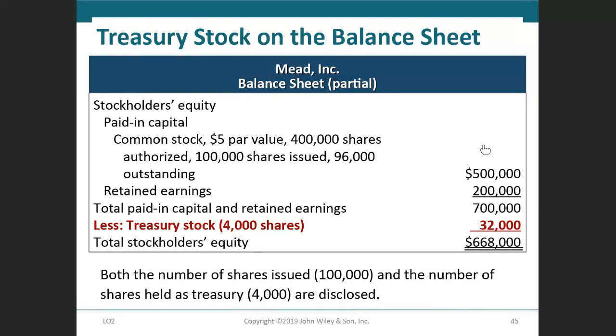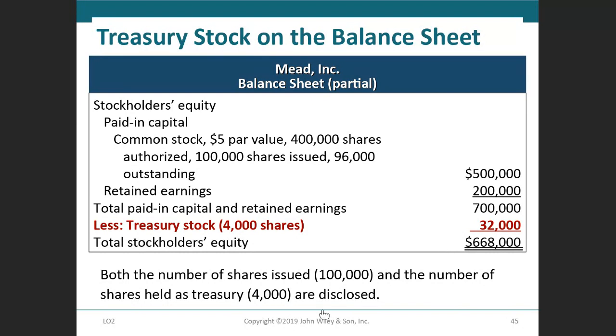Okay, and you will report the 500,000 like you did before. Nothing changes. What you will do is you come back at the end and you will subtract the 32,000 treasury stock that you paid for. You will deduct it from the paid in capital and retained earnings, and your total stockholders' equity will be 32,000 less than what it was before.